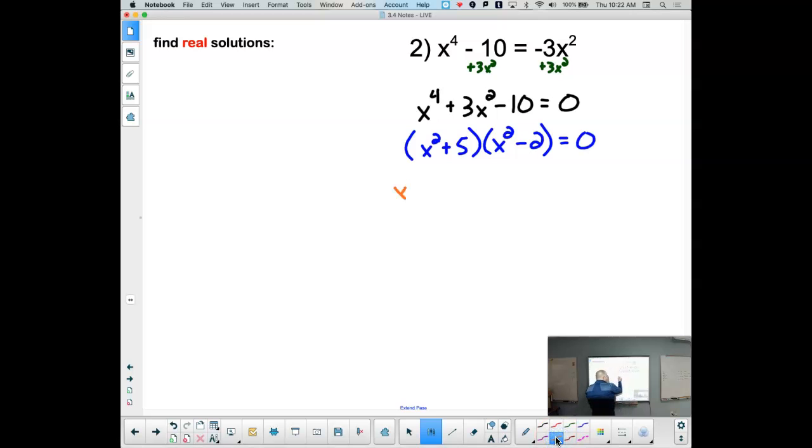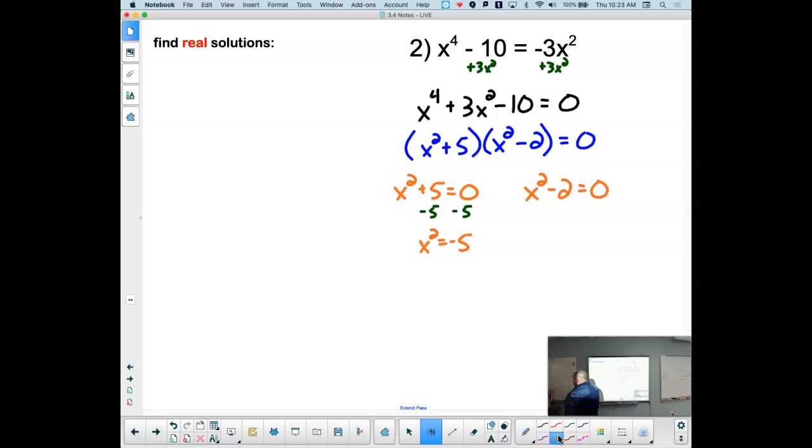So now we say x squared plus 5 equals 0, and x squared minus 2 equals 0. So we can then solve those. I could subtract 5, and that's going to give me x squared equals negative 5.